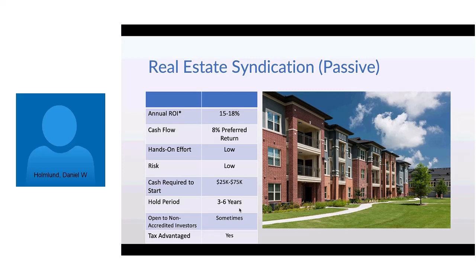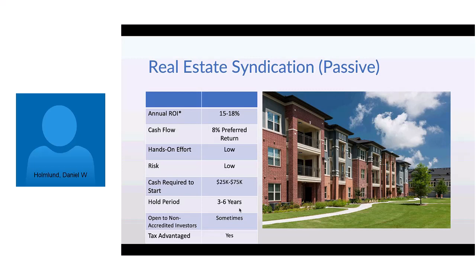Basically, there is one group of people that are the managers, the hands-on active investors. They are responsible for finding the property, acquiring it, putting it under contract, and putting together the renovation plan if there is one. Then there are the limited partners, who provide the capital to purchase the project.